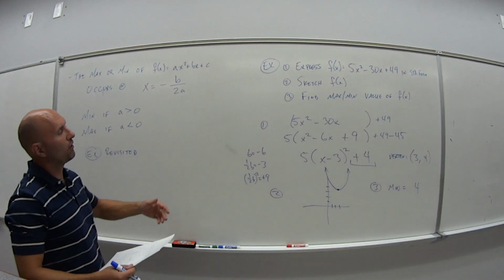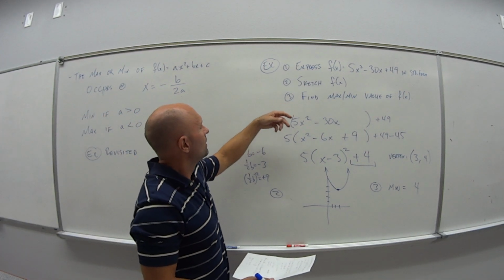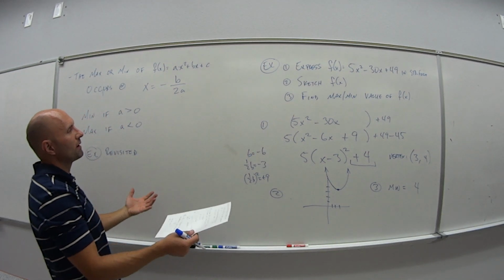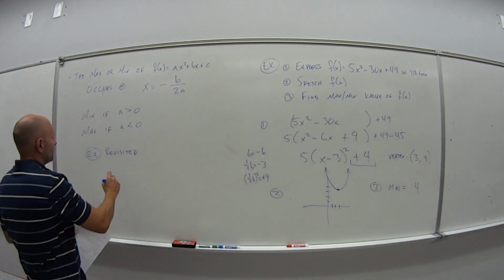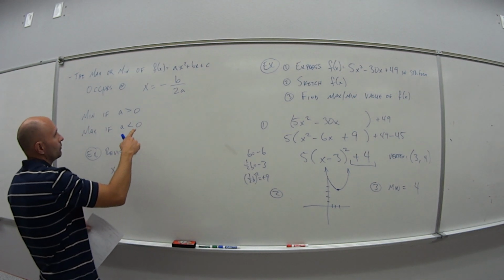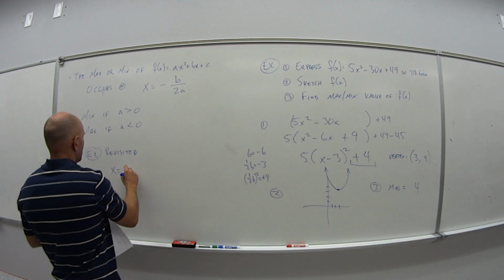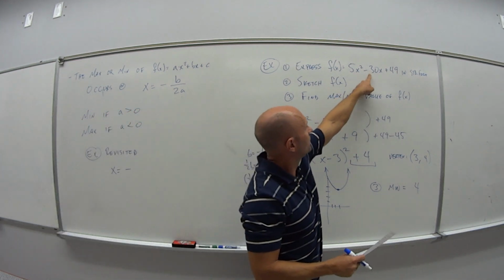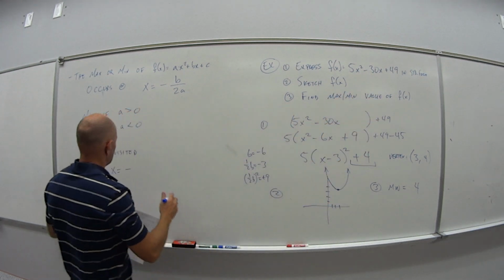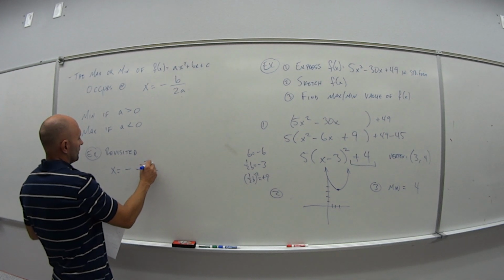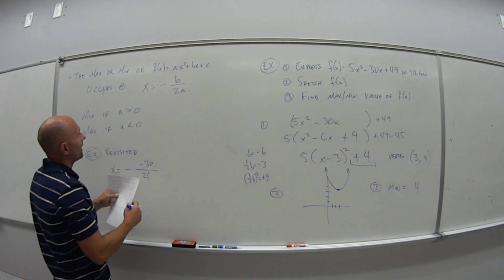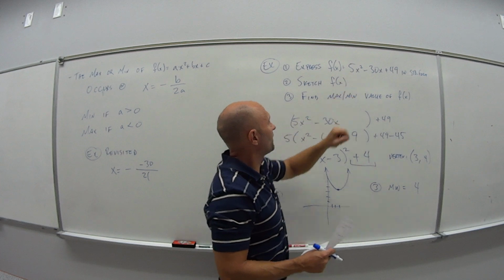If I just wanted to know what's the max or min value, well, the first thing I have to do is figure out what's my value of x where the max or min occurs. Well, that's when x is equal to negative b, which is negative 30, so make sure you include that sign, over 2 times a, which is 5.